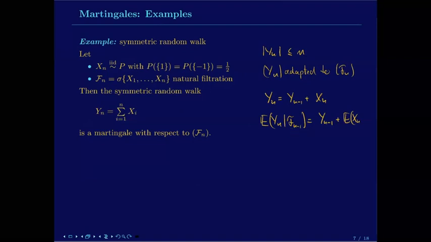However, because the X_n are all IID, we have independence, so we simply have the expectation, and because of symmetry, here we have exactly an expectation of 0, and therefore our conditional expectation is Y_{n-1}, which establishes the martingale property.